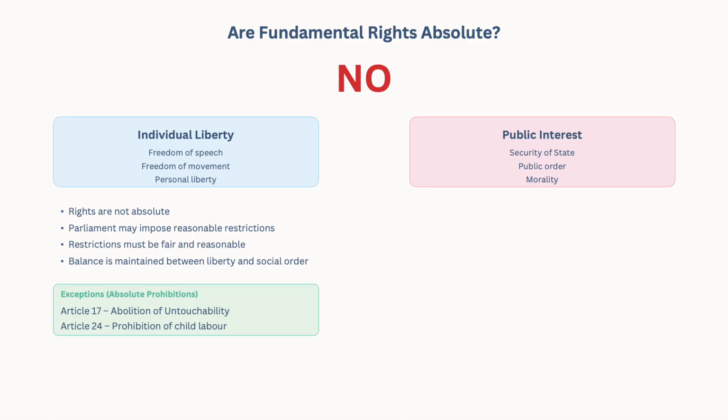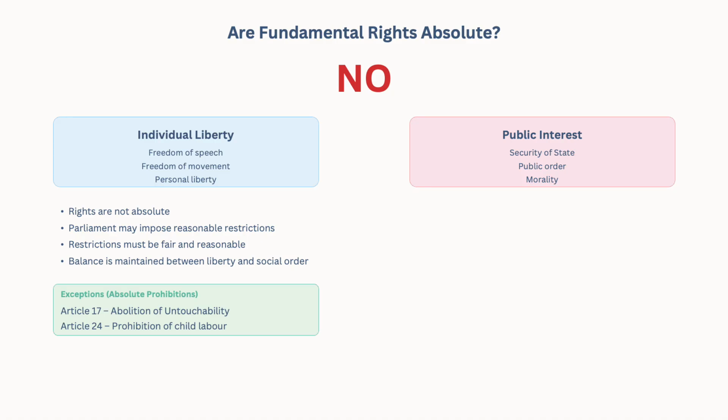The parliament may impose reasonable restrictions. Restrictions must be fair and reasonable. Balance is maintained between liberty and social order. So they try to maintain the balance between our liberty and the social order that's needed for a country to be peaceful and secure.